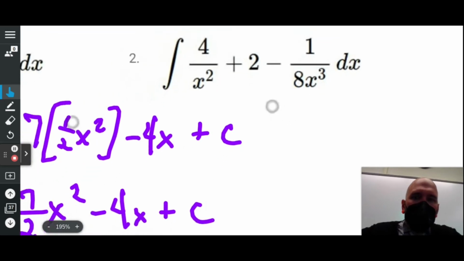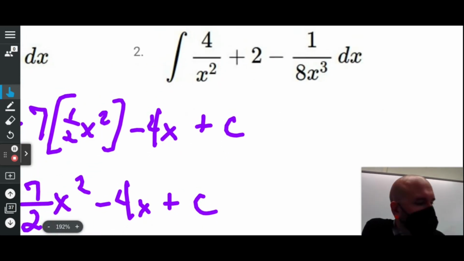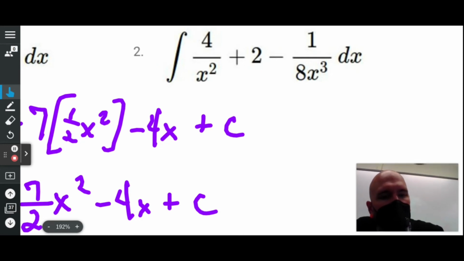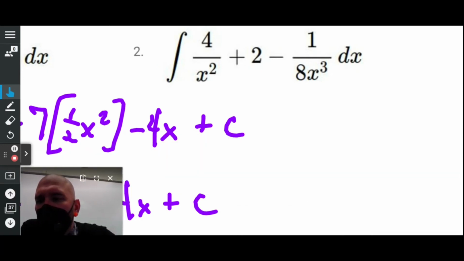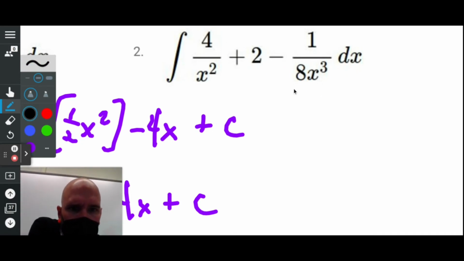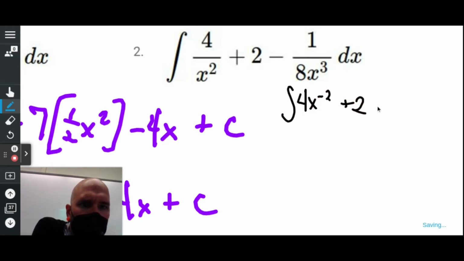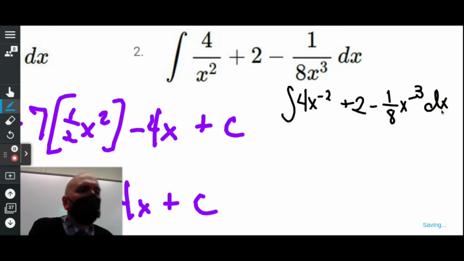Let's blow that up a little bit. Let me rewrite that guy out, move my face, and rewrite that guy out to this. Integral of 4x to the negative 2 plus 2 minus 1/8 x to the negative 3, that's a negative 3, let me make it look better, dx.